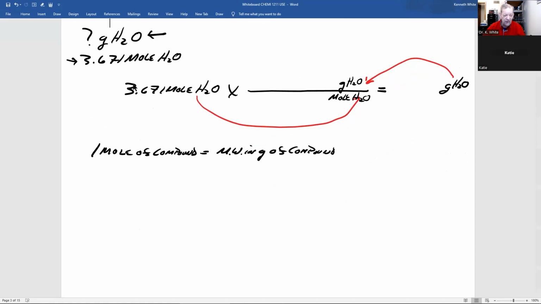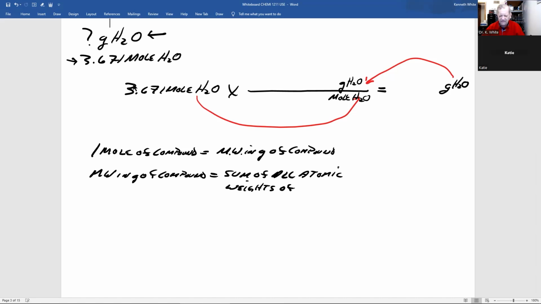Well, also remember the molecular weight in grams of a compound equals the sum of all atomic weights of the compound.